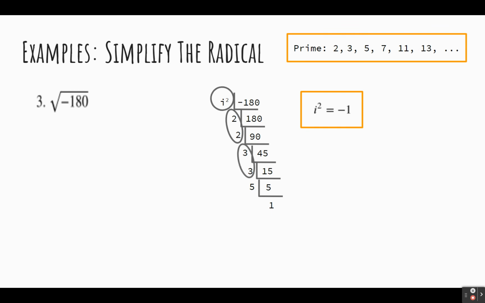Notice the 5, we do not have a pair of like factors. So when we write our answer, our i, 2, and 3 get to go outside of the radical, but the 5, it's lonely. It has to stay inside the radical. Let's simplify our answer. 2 times 3 is 6. The i will go after the 6, and then our radical 5.